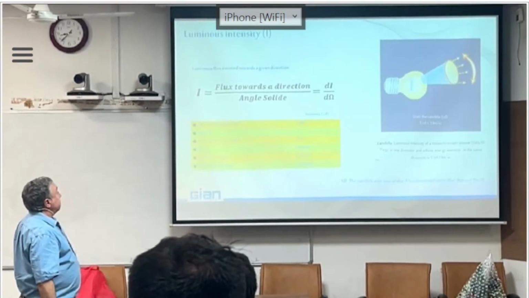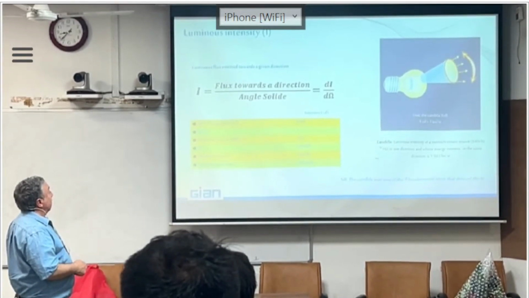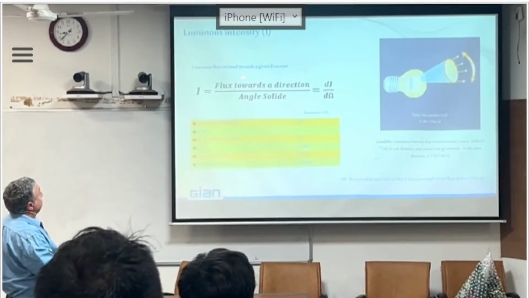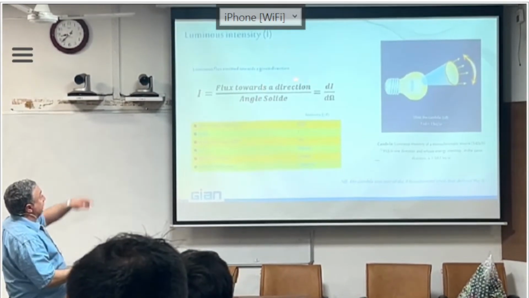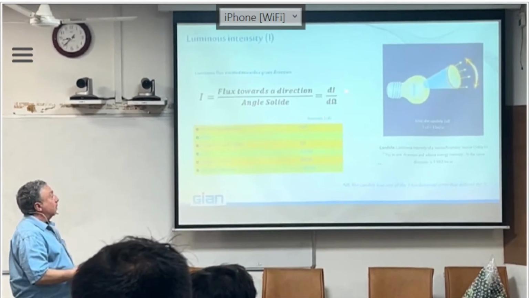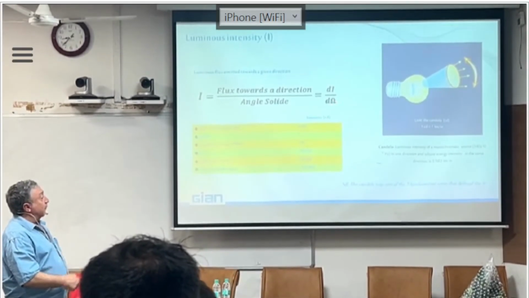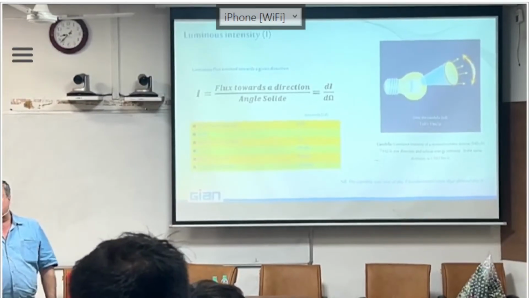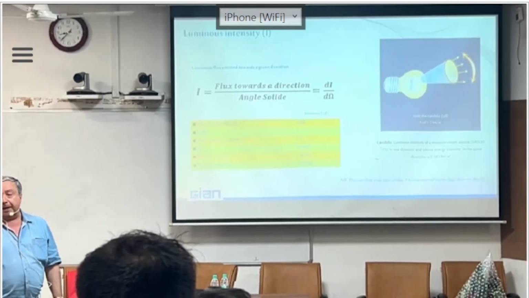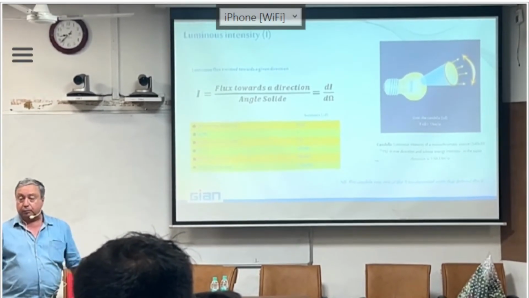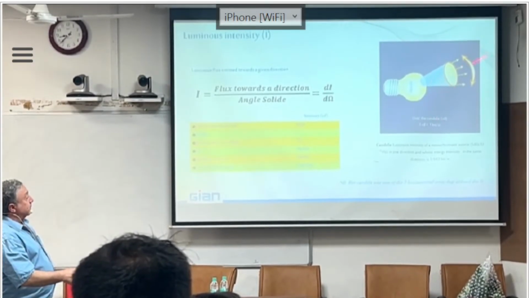The luminous intensity is the ratio between the flux toward a direction defined by the solid angle. In reality, it is the element of the flux over the element of the solid angle, and d omega should tend to 0 normally. And this is the definition.